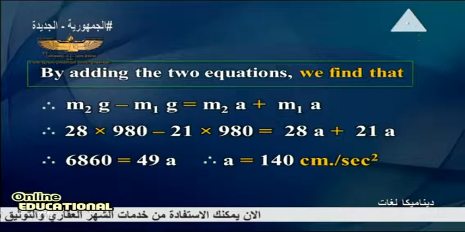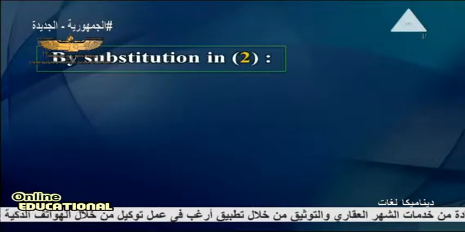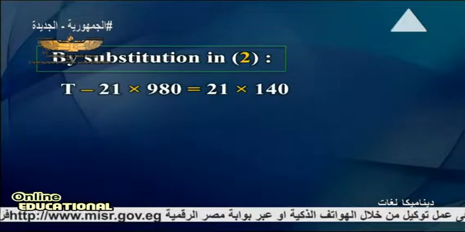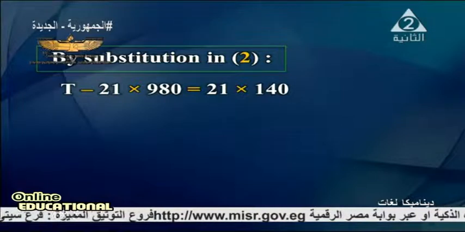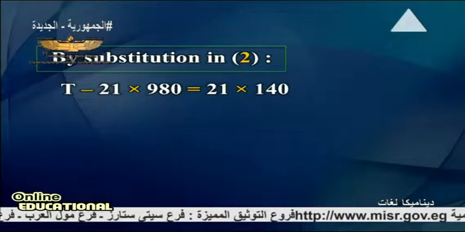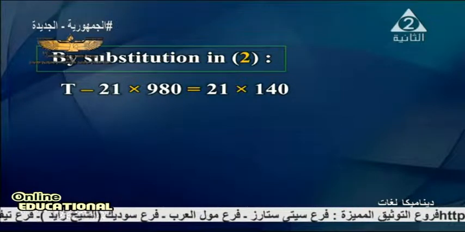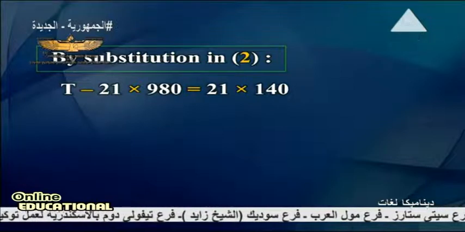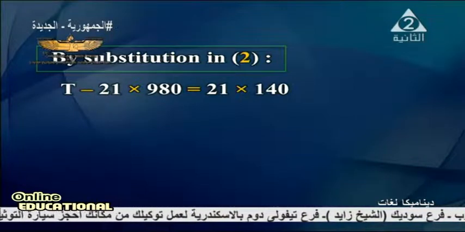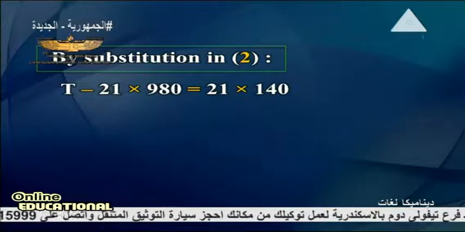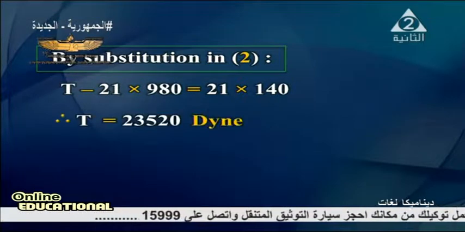Now, to get the magnitude of the tension, we can substitute in equation number 2: T minus 21 times 980 equals 21 times the acceleration, 140 centimeter per second square.